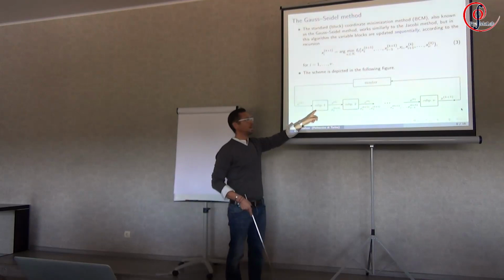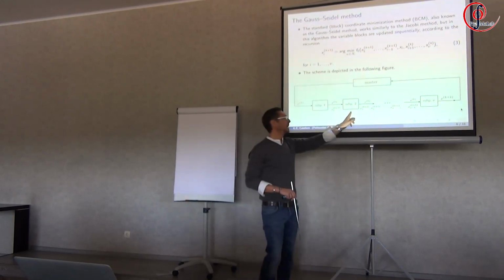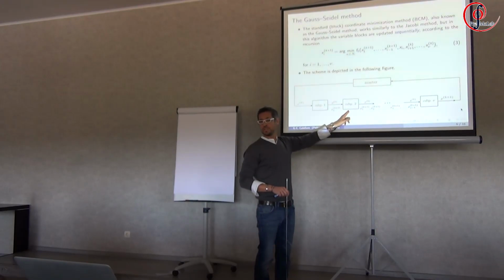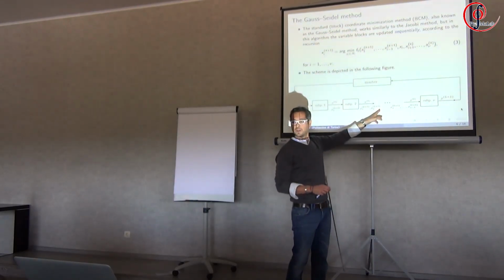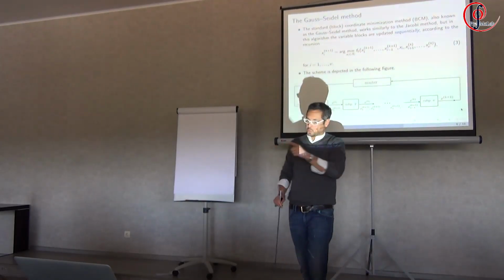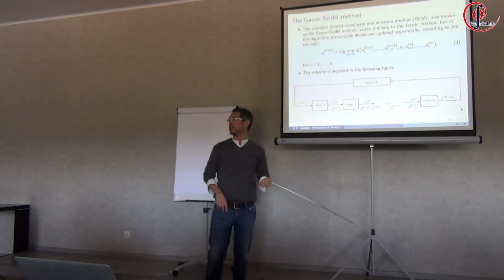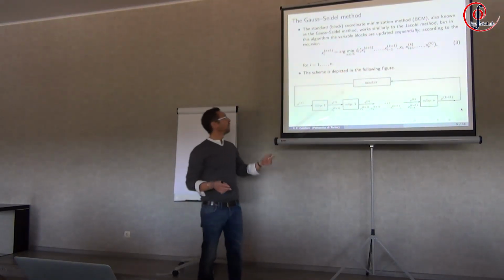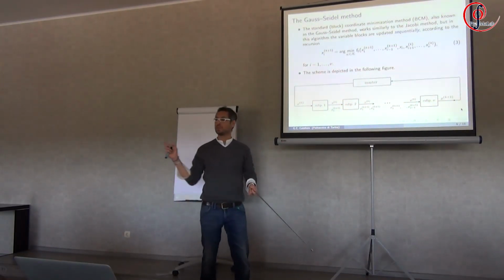Then I minimize over the first variable and I update the solution. Then I minimize over the second variable and I update the solution. Then I minimize over the third variable and I update the solution, and so on until I have swept over all the variables, and then I may start again. So one way of doing this is by successive sweeps over the variables.